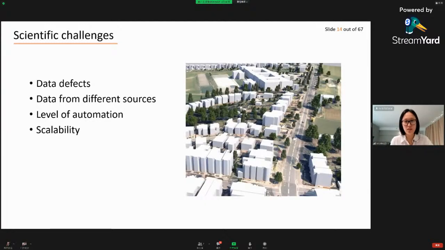The last challenge is scalability. The level of complexity and styles of objects may vary greatly from one to another. Some existing methods rely on strong geometric assumptions on the regularity of objects, such as the Manhattan world assumption, which assumes all surfaces are aligned with 3 orthogonal axes.